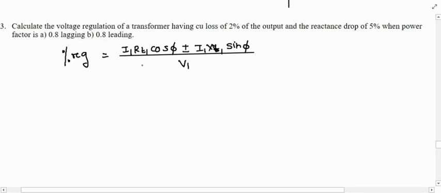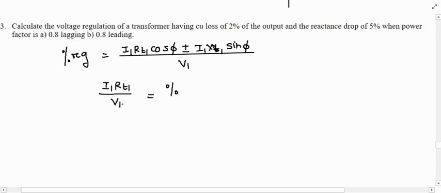Nothing is given to you in this problem, only the drops are given. But students, I1 RT1 upon V1 is nothing but the percentage resistance drop. What is given in the problem is a copper loss of 2% of output and a reactance drop of 5% of the output.